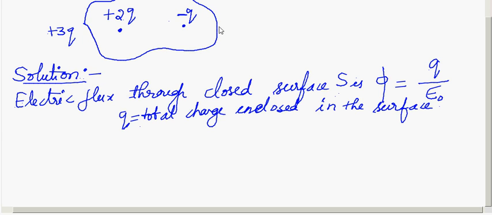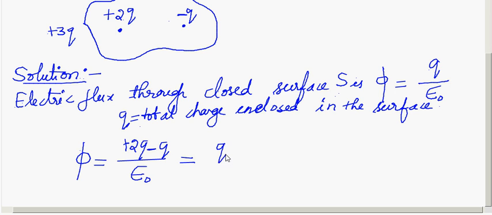The total charge enclosed is phi is equal to plus 2q minus q divided by epsilon naught, which is equal to q by epsilon naught. So the flux through the surface is q by epsilon naught.